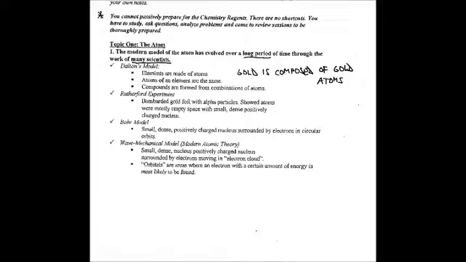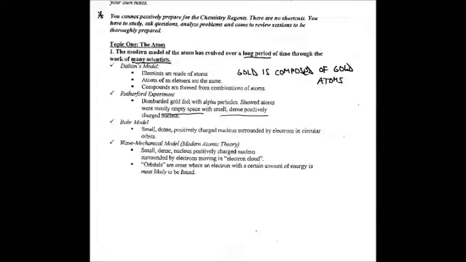Atoms of an element are the same, so all gold is composed of all gold atoms. Compounds are formed from the combination of atoms. In the Rutherford experiment, that's the one where they bombarded gold foil with alpha particles, it showed that most of an atom is empty space with a small, dense, positive charged nucleus.